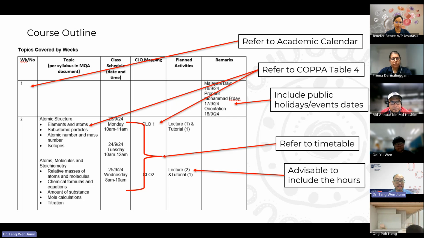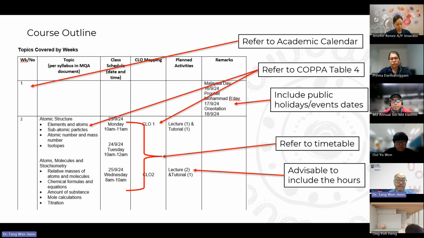For the weeks, we refer to the academic calendar, how many weeks for that semester. Then we have the topics, subtopics, and the CLO mapping. This information we can get from the COPA document, table 4. And from the timetable, we can put up the class schedule, whether it's 1 hour, 2 hours, and which day it falls on.